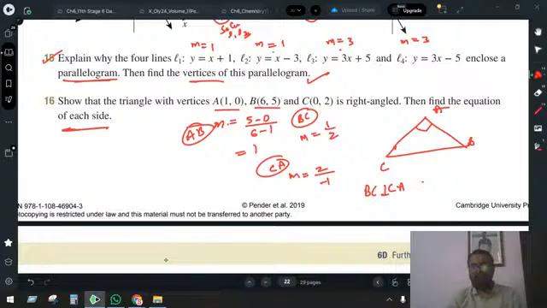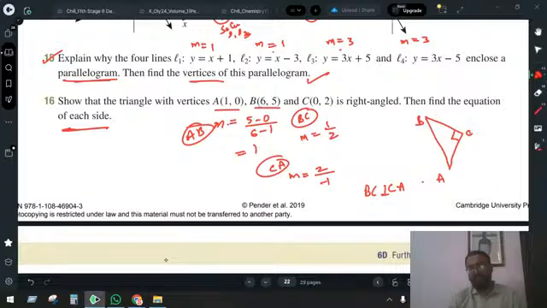Here ABC has a vertex with a perpendicular, so you can change the diagram accordingly. Like this: if this is A, B, C, this is 90 degrees.